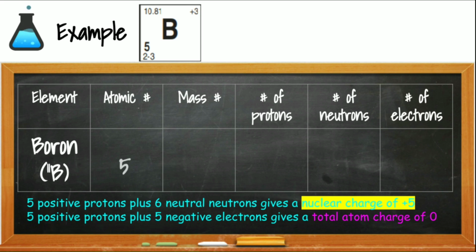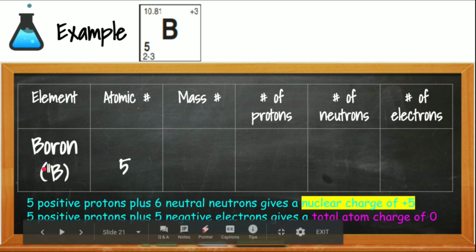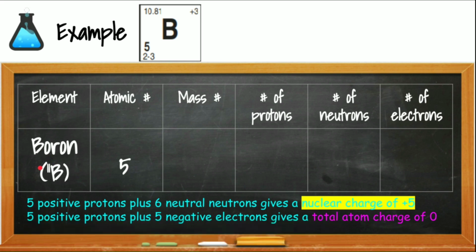Now, the mass number is related to the average atomic mass, but you need to be given the mass number or information to determine the mass number yourself. So this 11 is the mass number. Now remember that the bold number, the atomic number, is the number of protons.